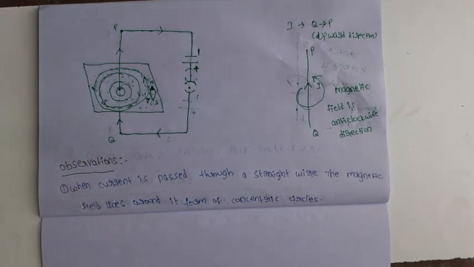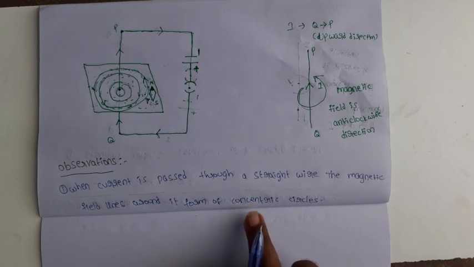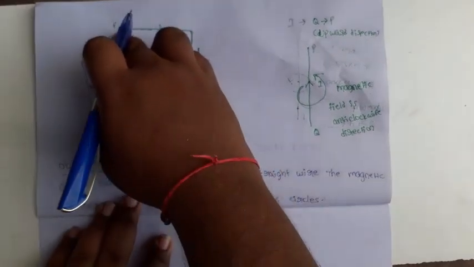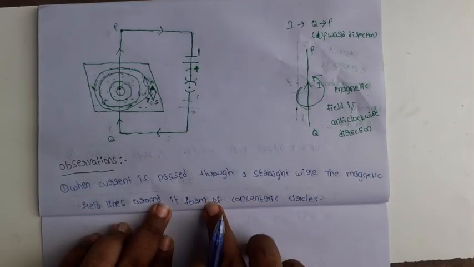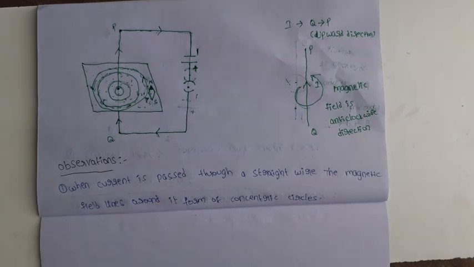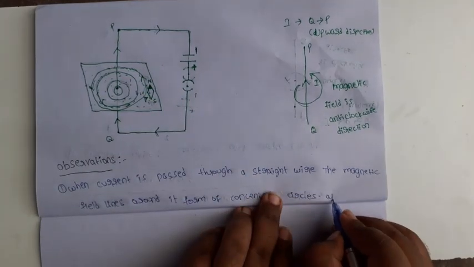What is the first observation? When current I is passed through the straight wire, the magnetic field lines are in the form of concentric circles. So when current I flows in the straight conductor, it produces magnetic field lines in the form of concentric circles. Concentric circles at where? At the center.